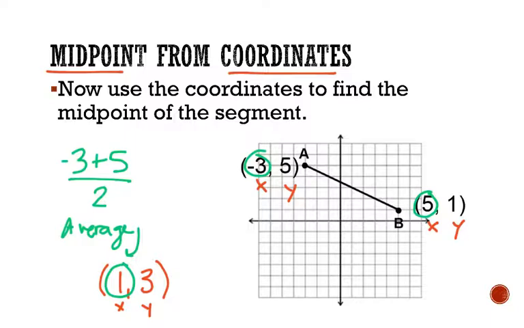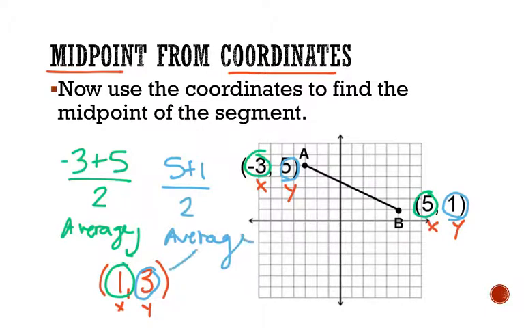I'm going to do the same thing for the other point, so thinking about how we got to 3 from 5 and 1. Well, if we take the 5, that's the height of the first one, and 1, that's the height of the second, and average, we're going to end up with 3. So that's the idea of how we're going to get the coordinate point.